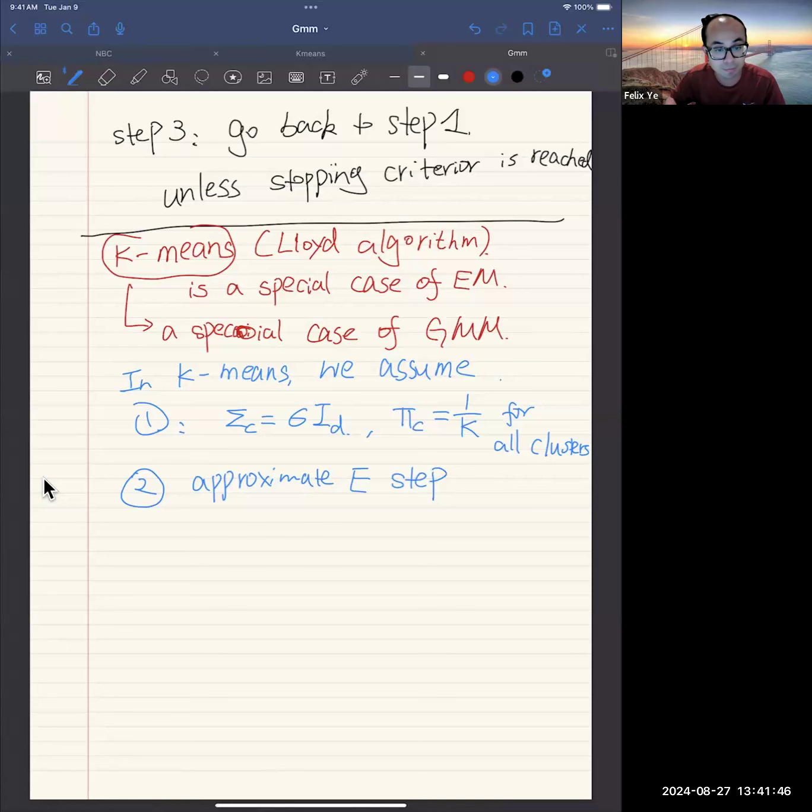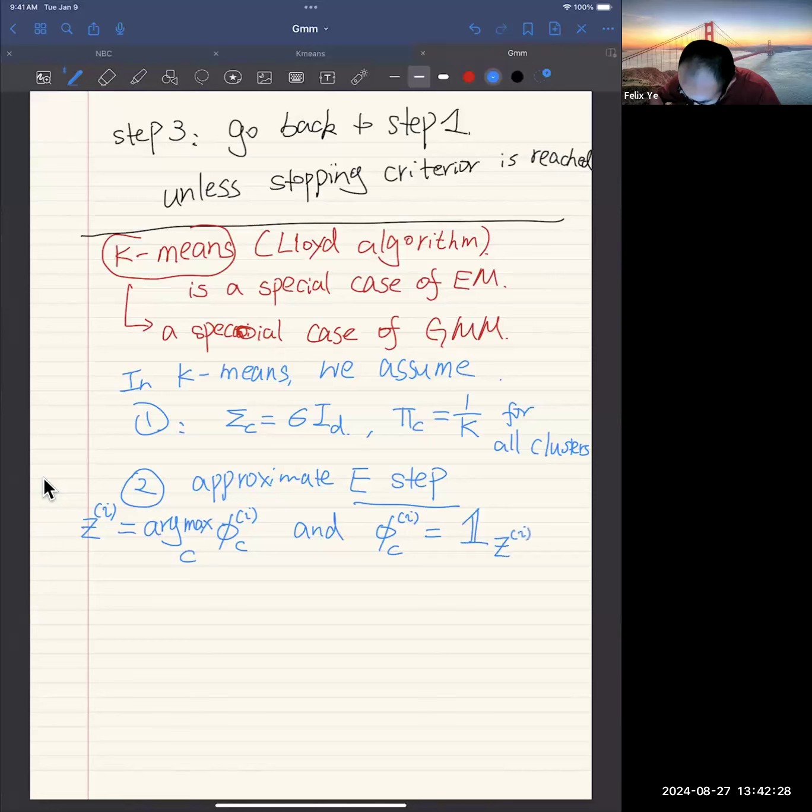Hypothetically the E step is phi c of I, and here we just take the argmax of C. This will be your membership Z of I. What k-means says is this phi c of I is only an indicator function that Z of I equals C. So that means the probability to be in the other clusters is 0.